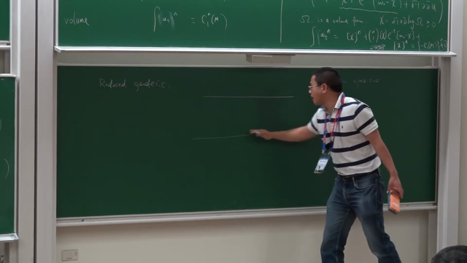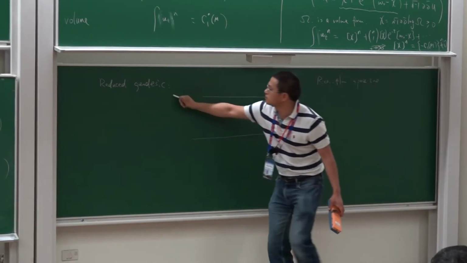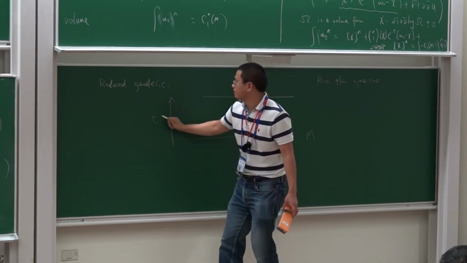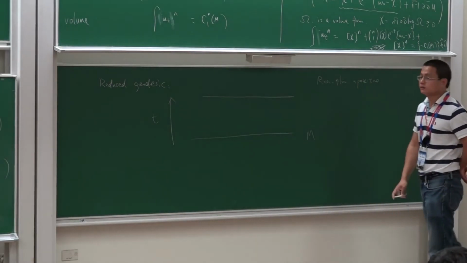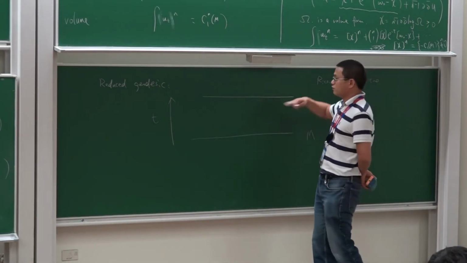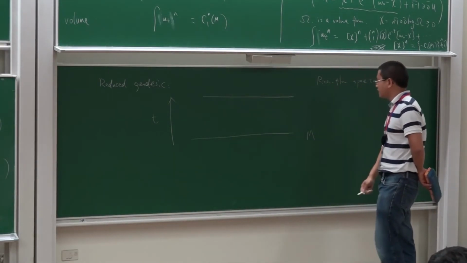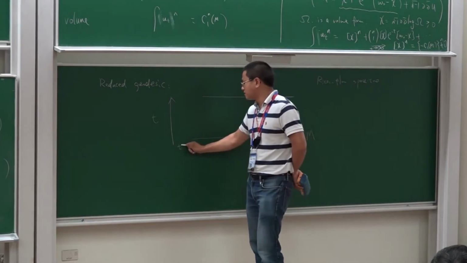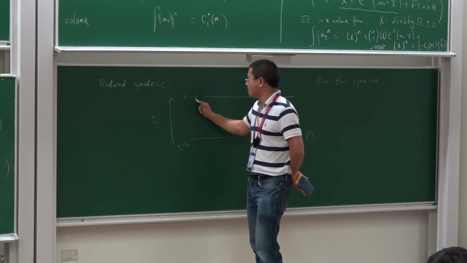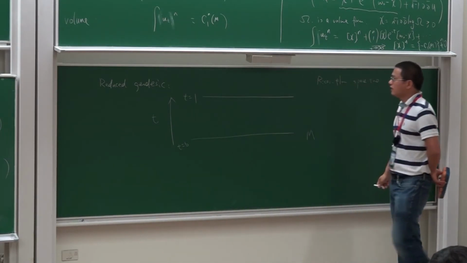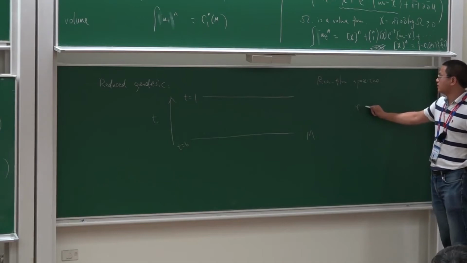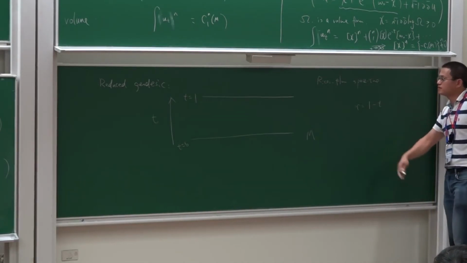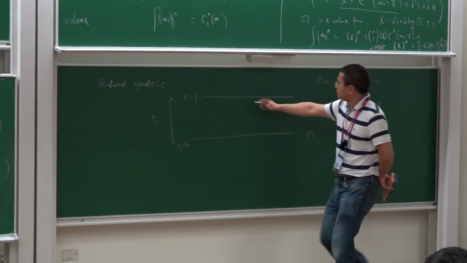So the horizontal part is the manifold direction. The vertical is the time direction. Now, for simplicity, let's consider this as t equals 0, this as t equals 1. Then I define a new parameter tau equals 1 minus t. This is not defined by me, it is defined by Perelman.